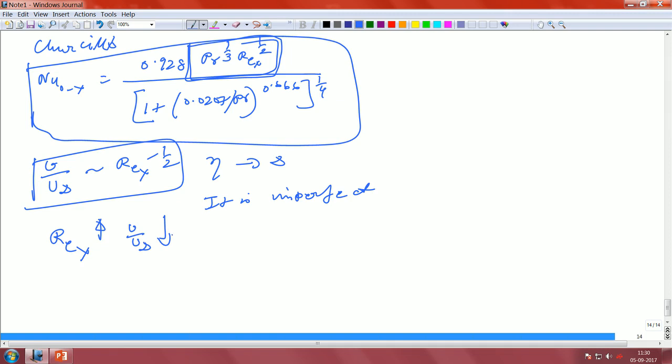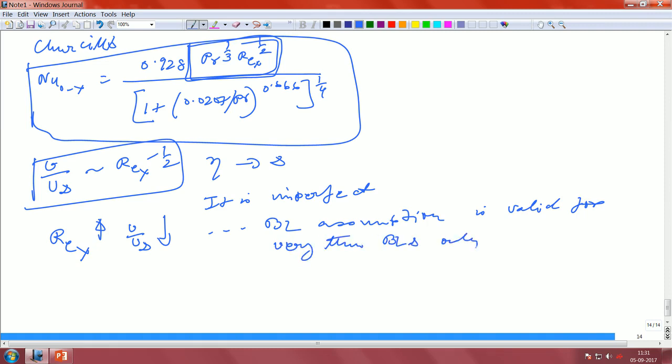So, this particular boundary layer assumption that we said earlier is valid for very thin BLs only, because you want this v by u infinity factor to be very small, because your vertical component of the velocity has to disappear, otherwise you have a problem, right.